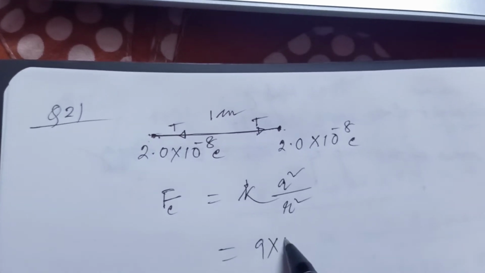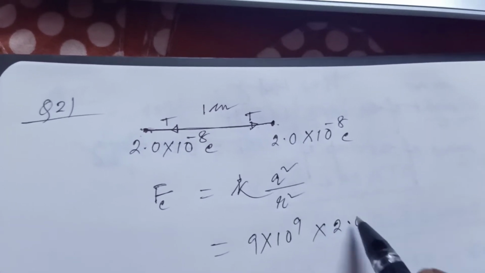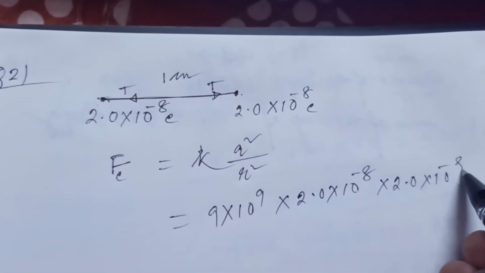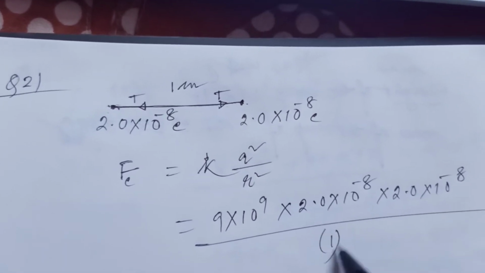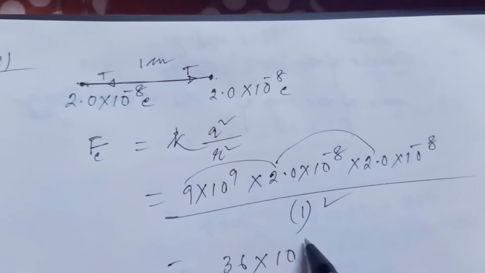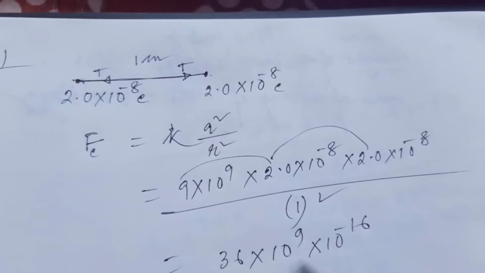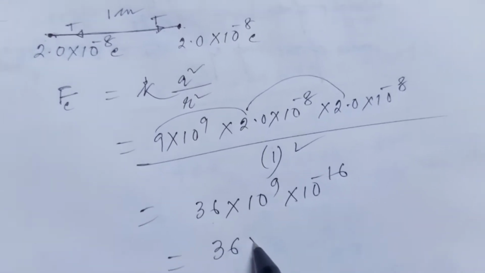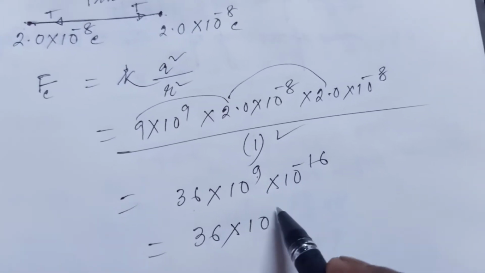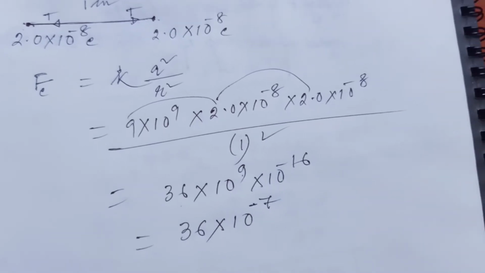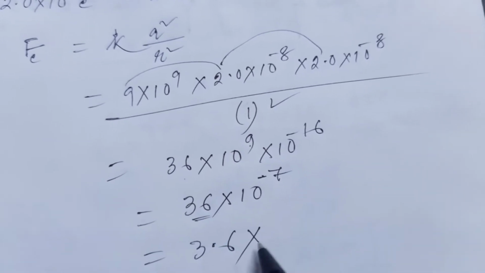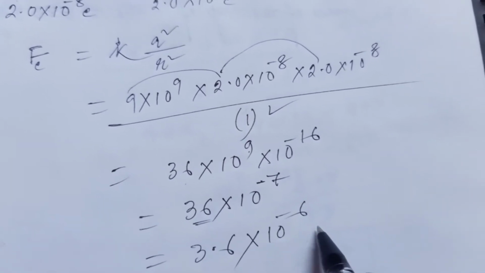So kappa equals 9 × 10^9 into 2.0 × 10^-8 into again 2.0 × 10^-8 divided by r square, that is 1 meter whole square. This gives 36 × 10^9 × 10^-16, which is 3.6 × 10^-6 Newton.